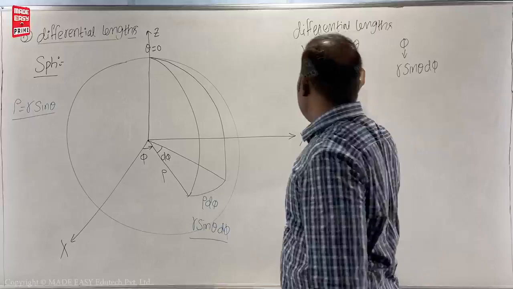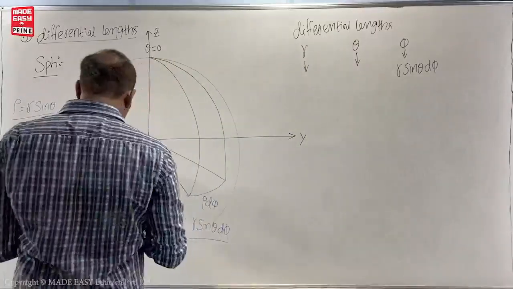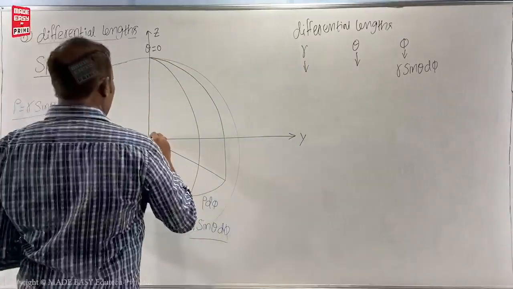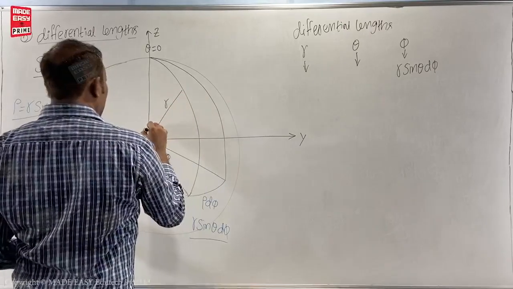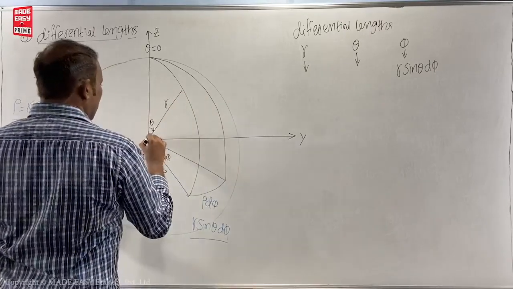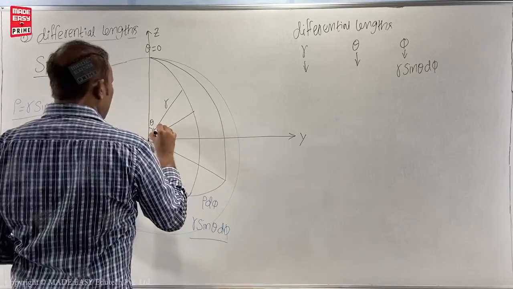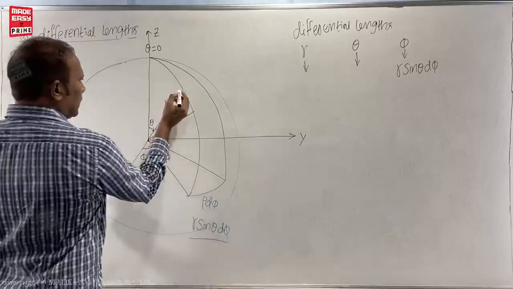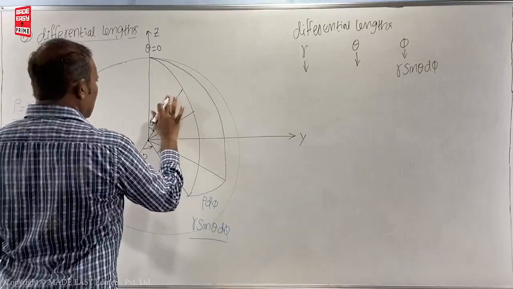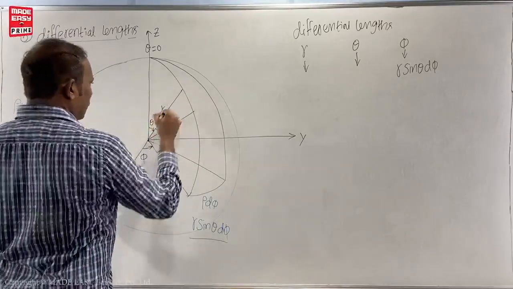Now let us see these two things. Now what I do, I am taking here like this. This is r and this one is theta. Now I will take d theta, a small vertical angle. This is the total r.